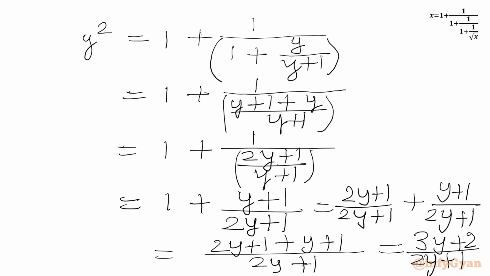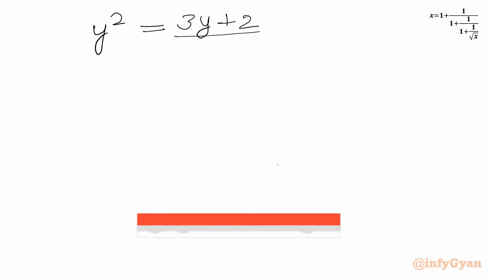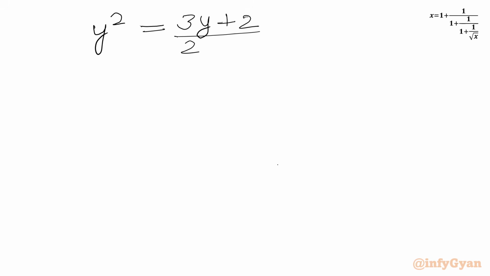So finally we have y square in simplified form: y square equals 3y plus 2 over 2y plus 1.